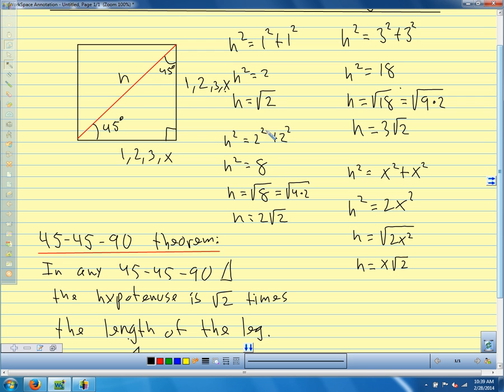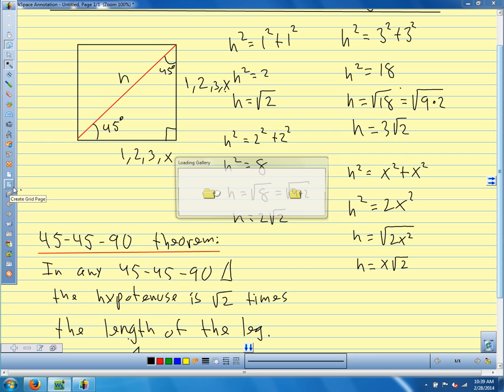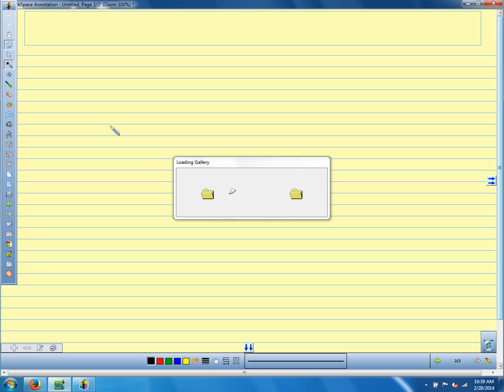All right, so let's draw a picture of how we're going to use this 45, 45, 90 theorem. It gives us a nice way to remember how this works. So here's our 45, 45, 90 triangle.